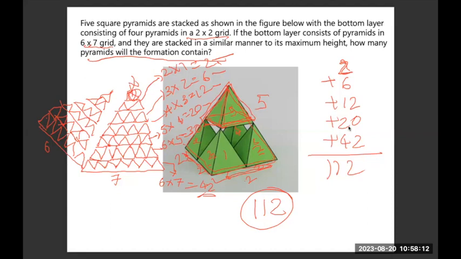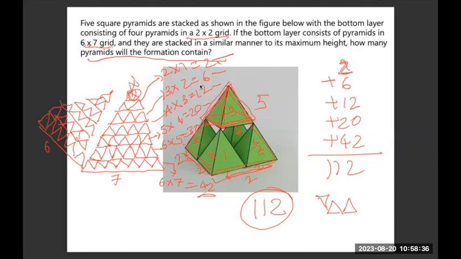Prisha, your answer was wrong because in this case, on the top part, there are only two, so the condition will be a 2 by 1 grid. Another pyramid cannot come on top of this unless it's a sculpture and a non-balanced composition. If it is a non-balanced composition, only then another pyramid can come.